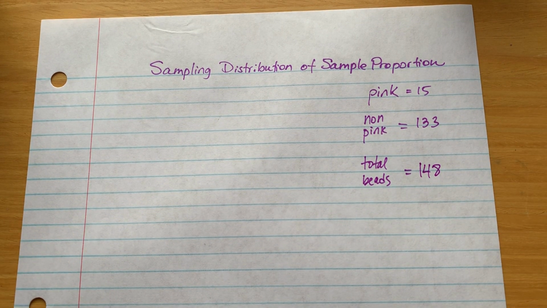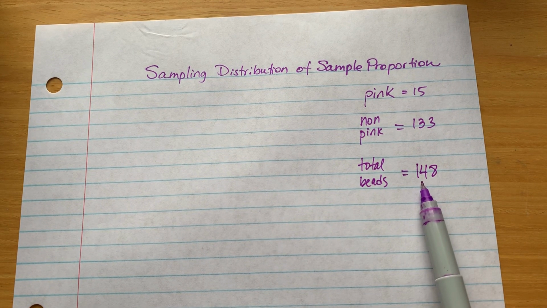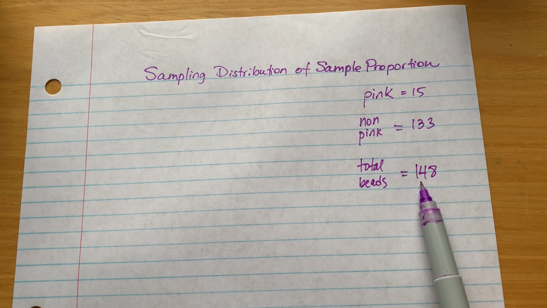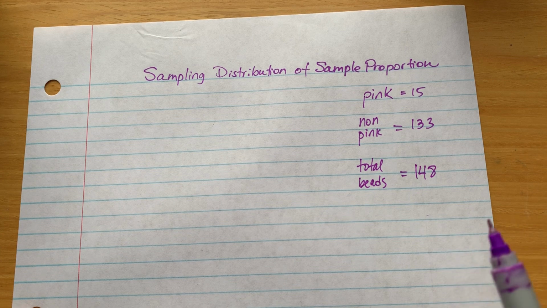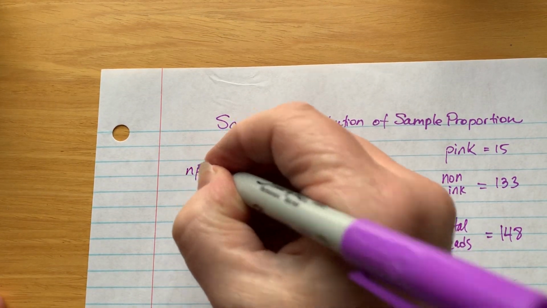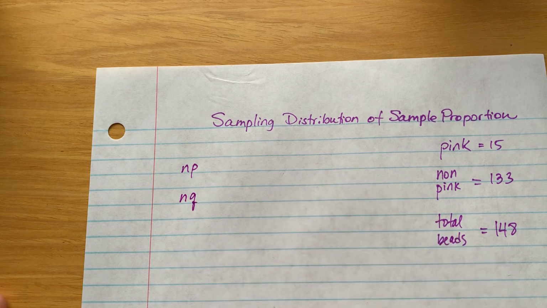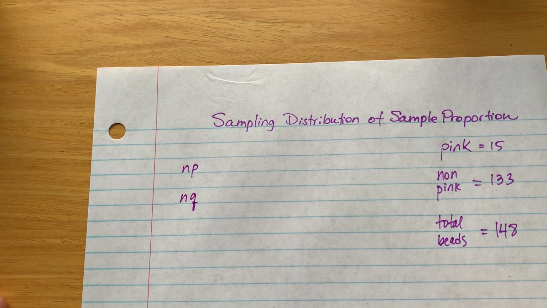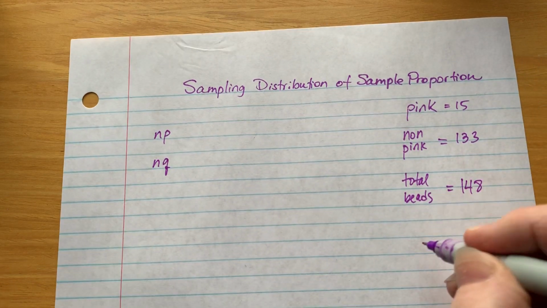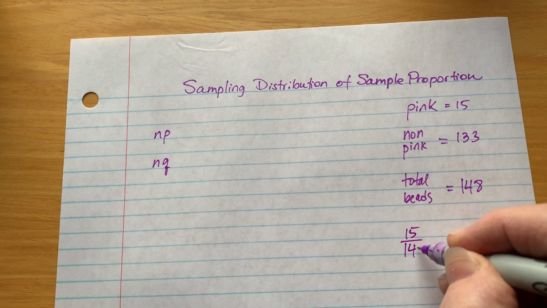So if the sample size is large enough, is it large enough? Is it only 5 beads? No, it's 148 beads. If the sample size is large enough, and this is kind of important, that np and nq are both more than 10. So let's look at this. What was the proportion of my successful beads? I would go and do 15 out of 148.